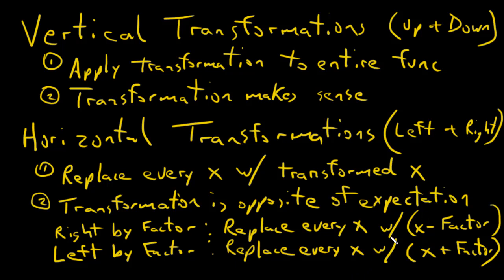Okay? So, let's talk about homework now that we've kind of wrapped all this up. Alrighty, so, homework. I'm going to give you the base function, and then you do the transformation. So the base function, this is going to be number 1.